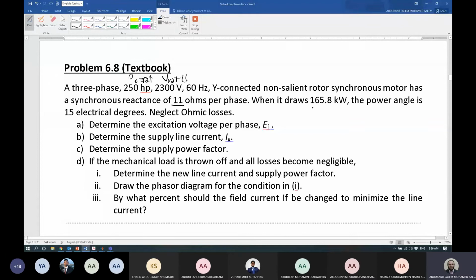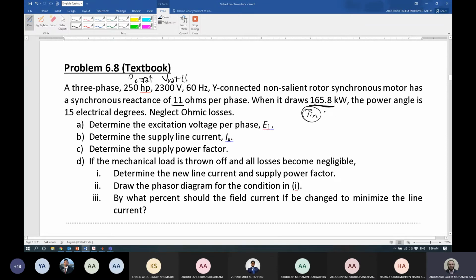When it draws 165.8 kilowatt, which power is this, input or output? Input. It draws input power. Take care, electrical power for a motor should be input power, and electrical power for a generator should be output power. So we have here P input, which is the electrical one we should use in our relations.